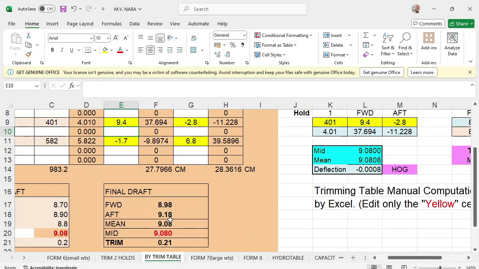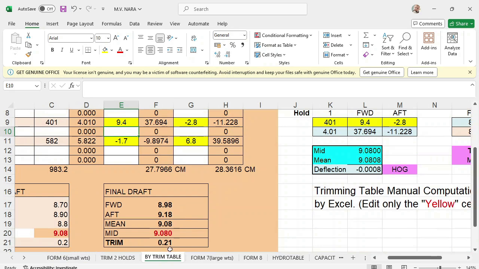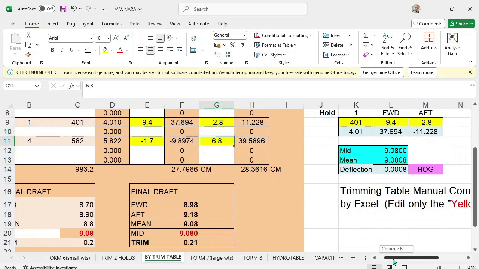Your drop aft is 9.18, and your trim now is 21. Should be 20. So we adjust this aft part, hold number 4. We adjust to hold number 4.